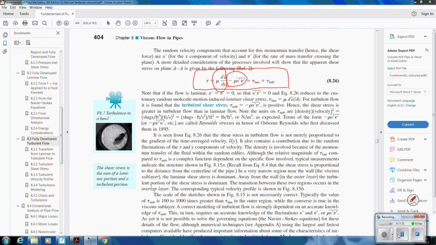Also u prime and v prime usually give us a negative number. So minus rho u prime v prime bar will give us a positive number for turbulent flow. This way, we can examine the turbulent shear stress by combining the laminar shear stress and the turbulent shear stress together, by combining the mean velocity effect with this fluctuation effect.